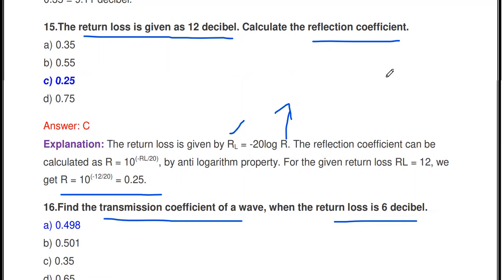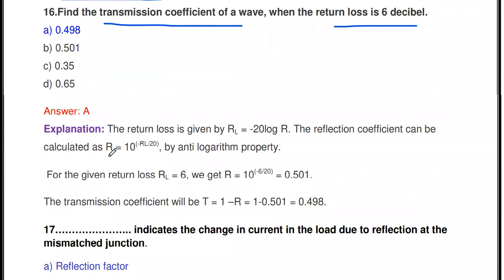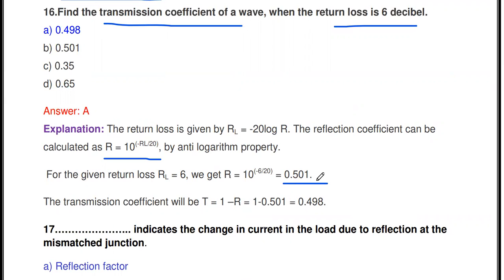From the return loss, first you calculate the reflection coefficient. So R equals 10 to the power minus RL divided by 20. If you calculate, we get the reflection coefficient as 0.501.